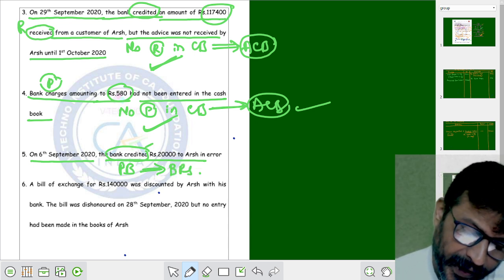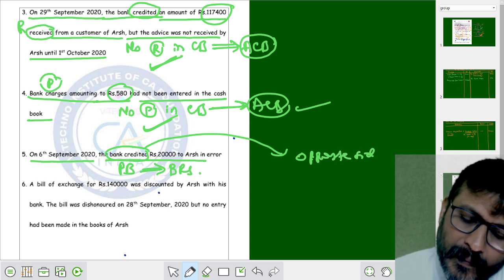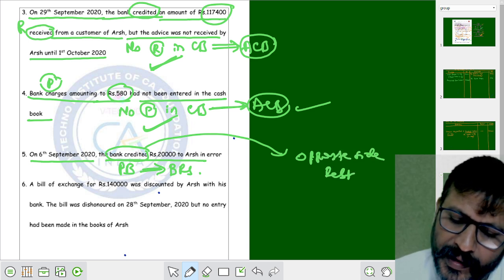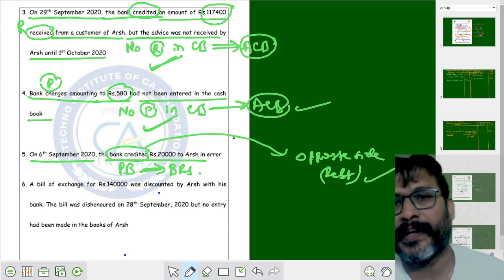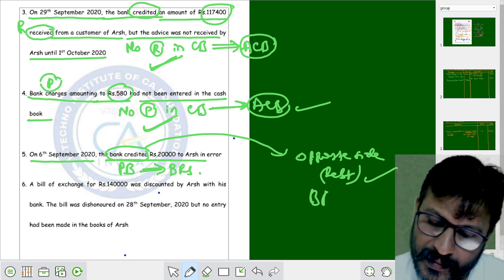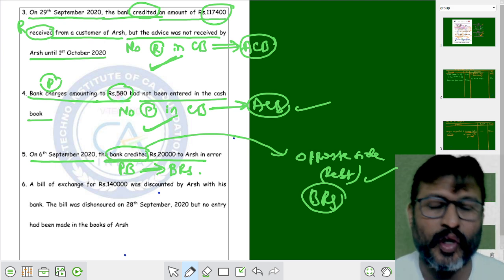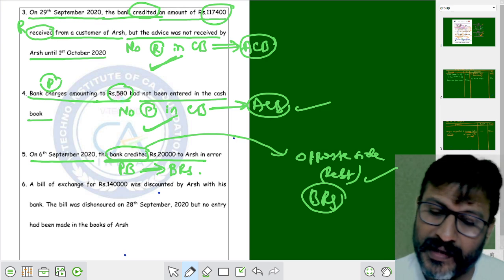What side do we have to take? Since it is credited, we have to take it on the opposite side. Opposite side means debit side. It comes in BRS because the bank has wrongly credited, a mistake in passbook.